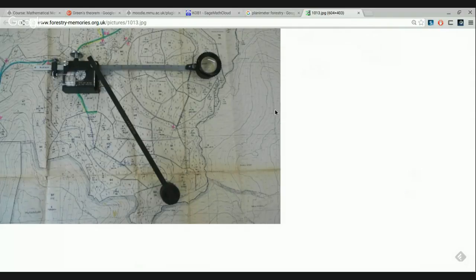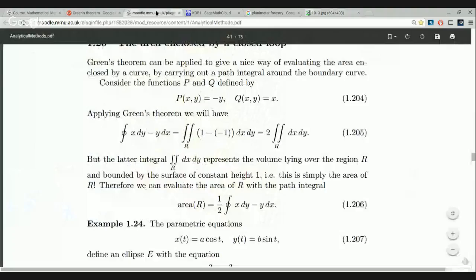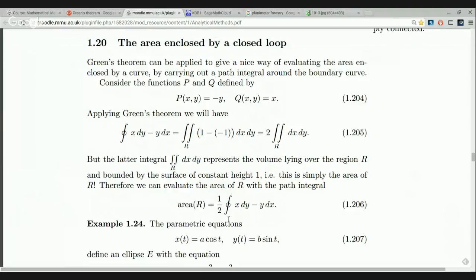These devices can work in various ways, but in a sense, you can understand that what some of these are implementing is this kind of result from Green's theorem, that you can obtain the area of a region by performing a certain operation around the boundary of the region. Okay? It doesn't just have to be a simple, straightforward rectangle.